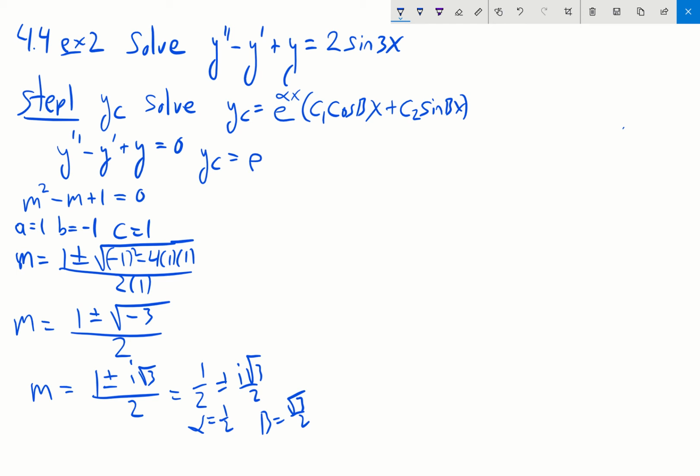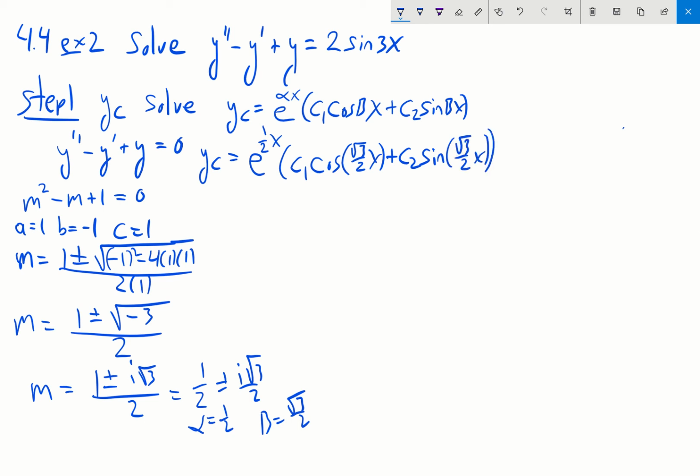So we have e to the 1/2 x times c1 times the cosine of the square root of 3 over 2 x plus c2 times the sine of the square root of 3 over 2 x.